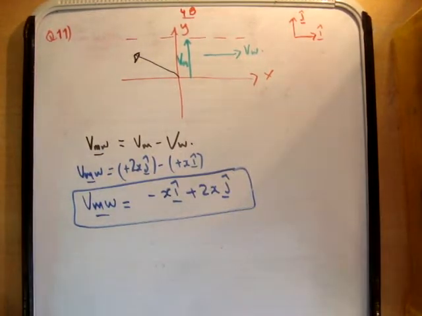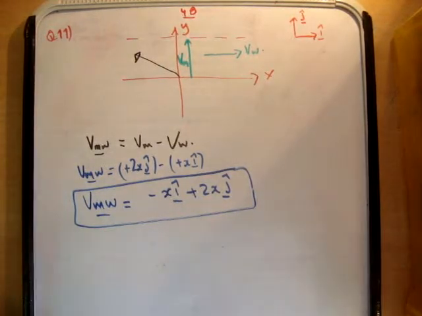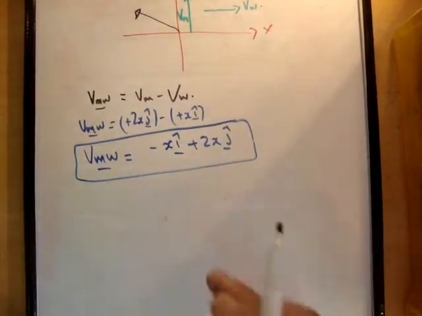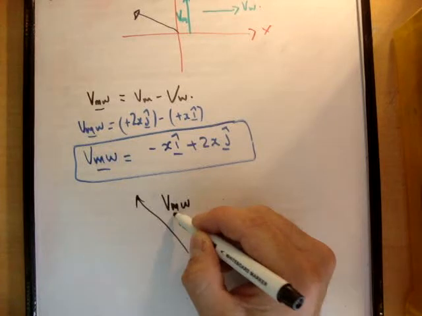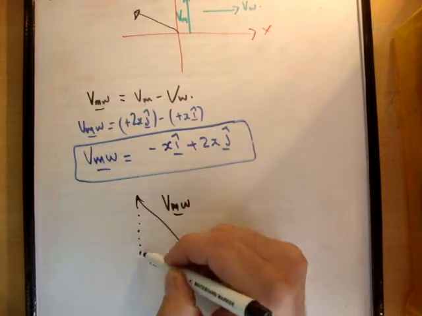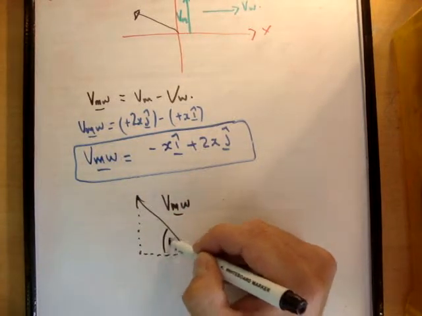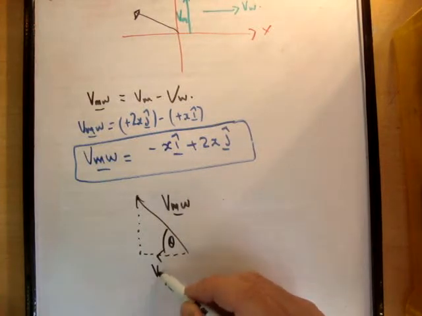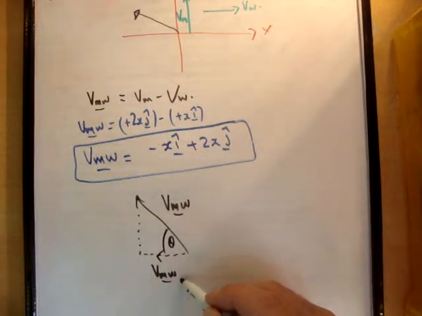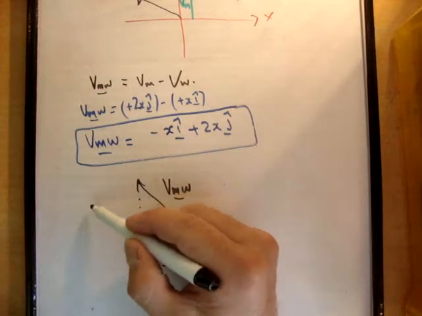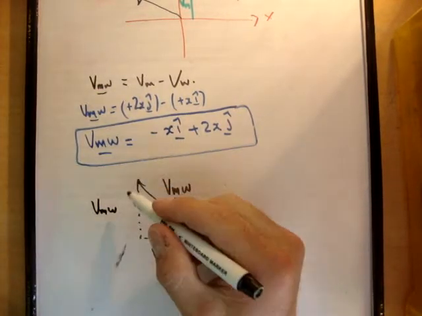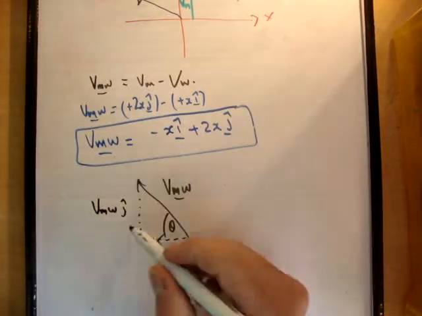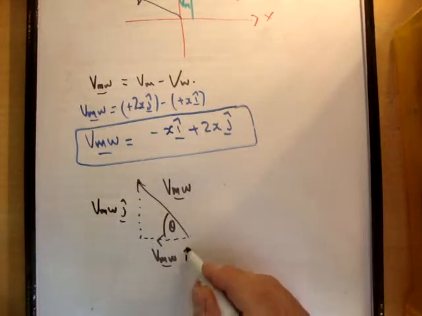And we're asked to find the angle which Vmw makes against the bank. So let's just do this. We'll draw the vector. This is Vmw. We'll resolve it into its component unit vectors and call this angle here theta. This is Vmw sub x, this is Vmw sub y, or we'll say j-hat and i-hat, like that.